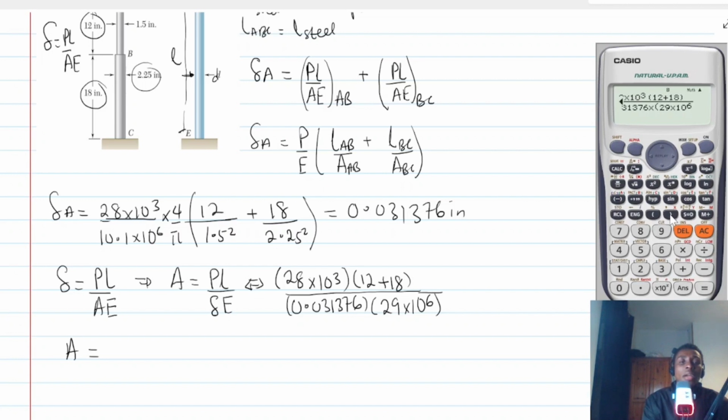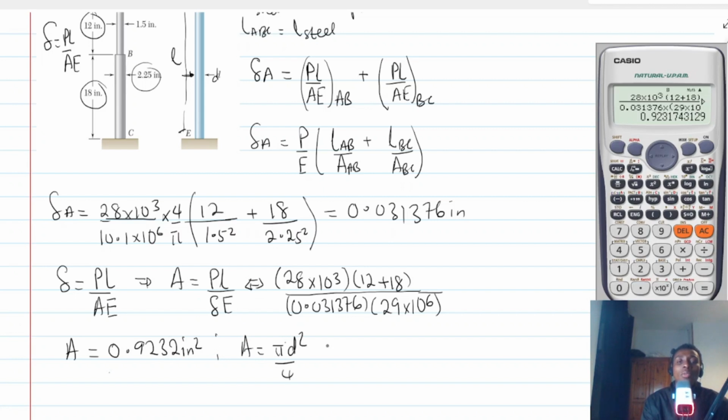If I do this, I'll get 0.9232 inch squared. So this is the area of the steel.